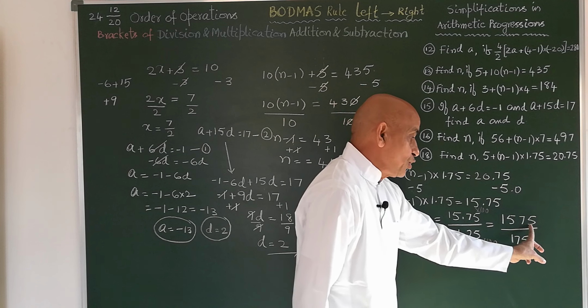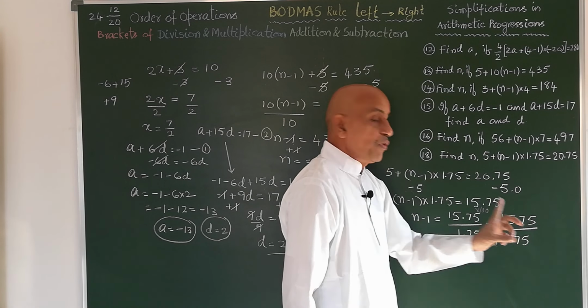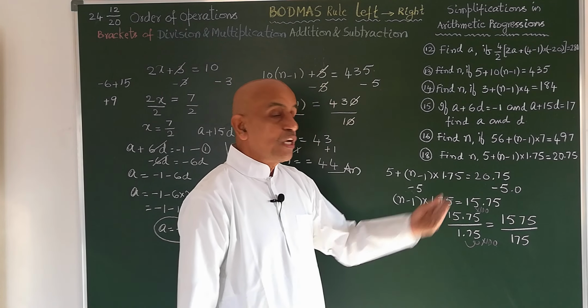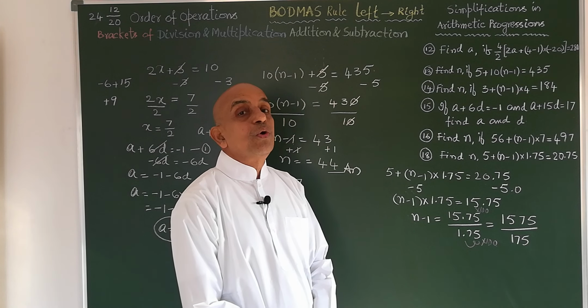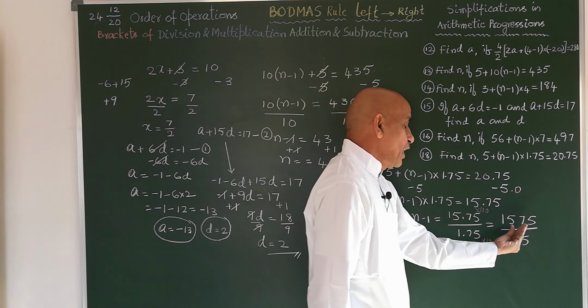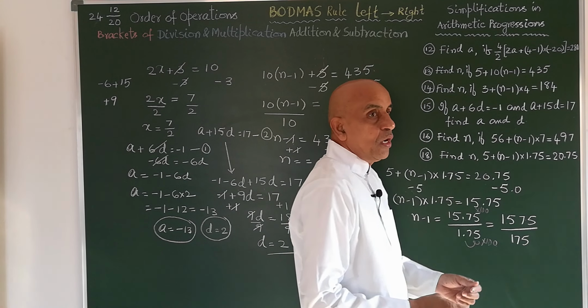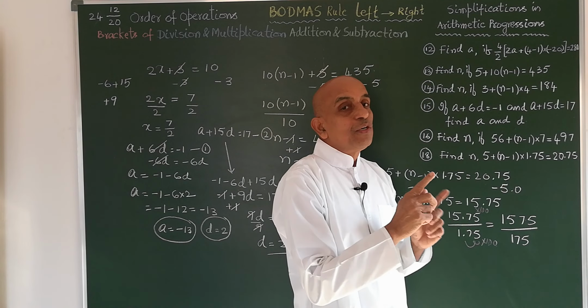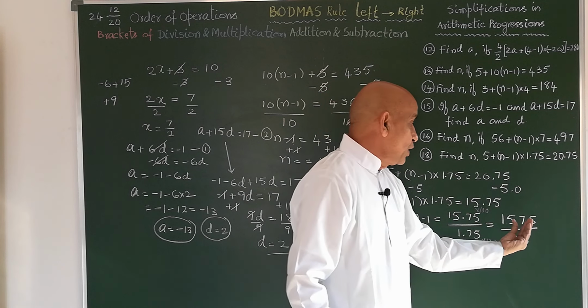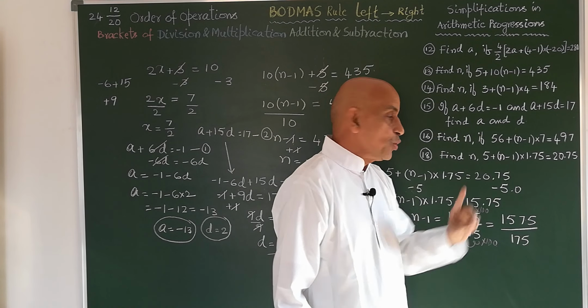Now because here also we have 75, here also we have 75, straight away you can go for cancellation with 25. Let us see how many times 25 goes in 150. 25 4s are 100, 25 2s are 50. So in 150 there are 6 25s.